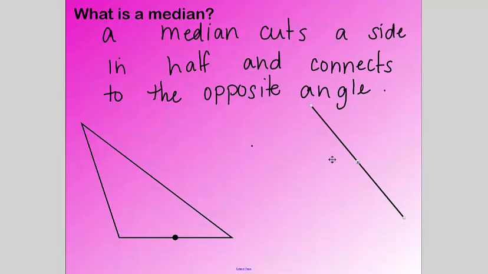So my median would cut this side down here into two equal pieces, but it goes through the angle.